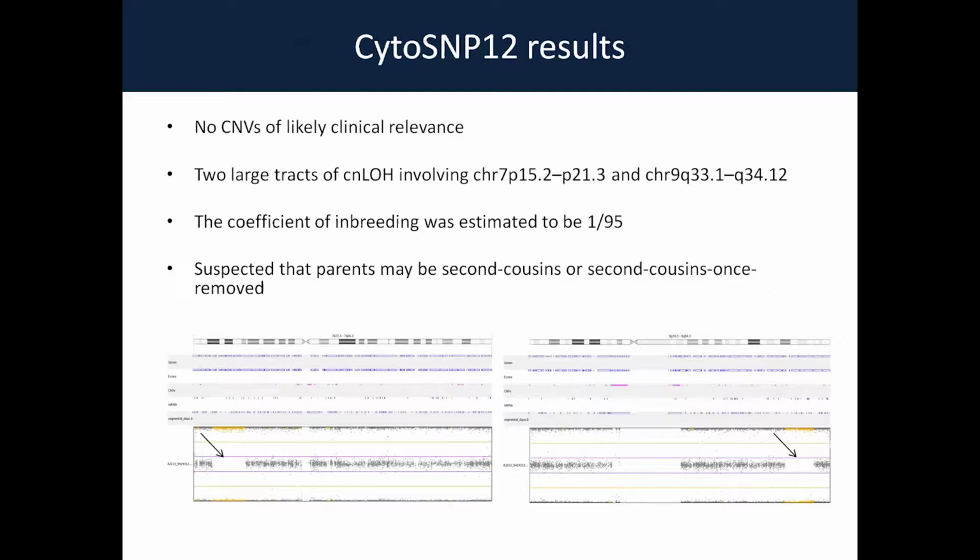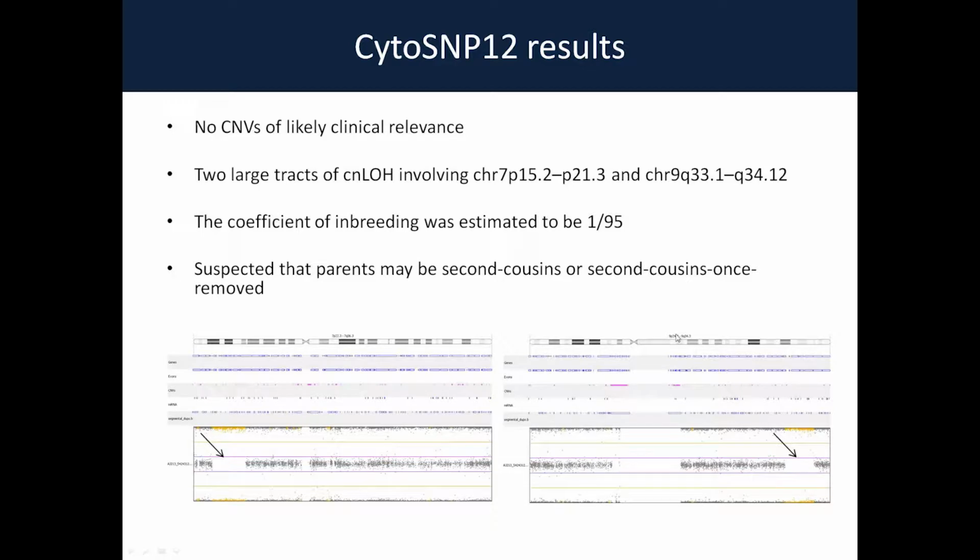However, because we were using SNP arrays, we were able to see 2 large stretches of copy-neutral LOH involving the short arm of chromosome 7 and the long arm of chromosome 9, which is shown at the bottom here. On the left, chromosome 7, and on the right, chromosome 9.